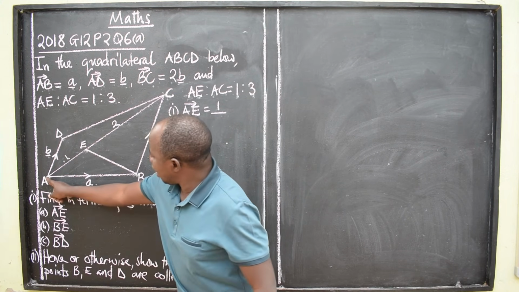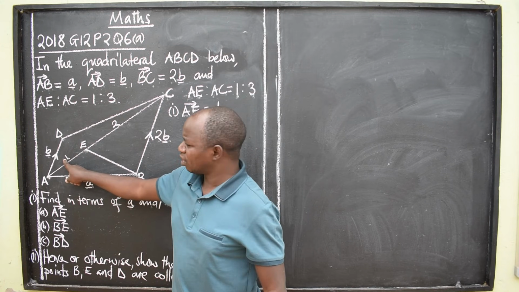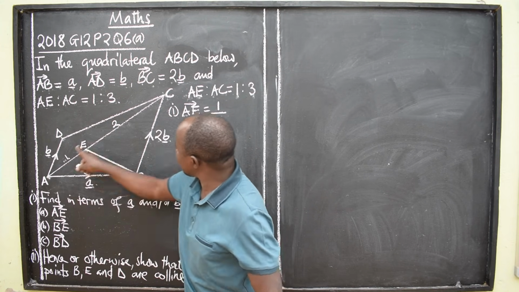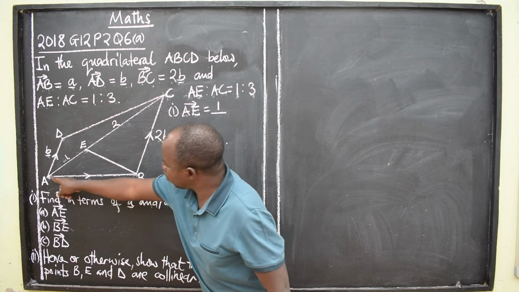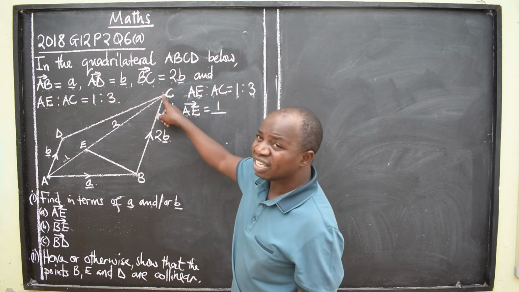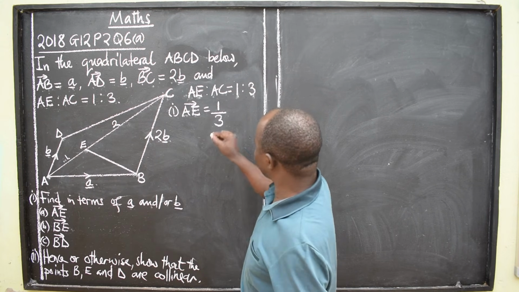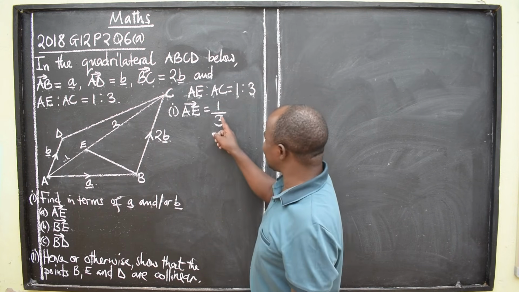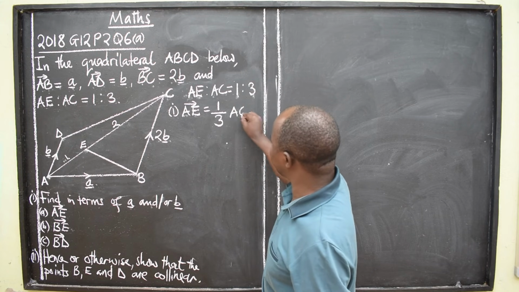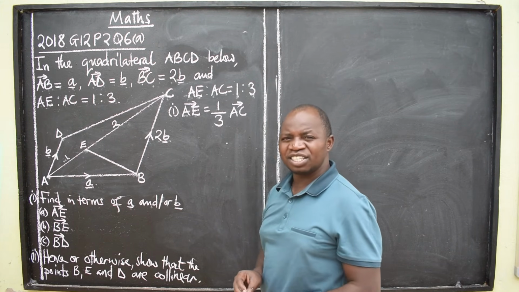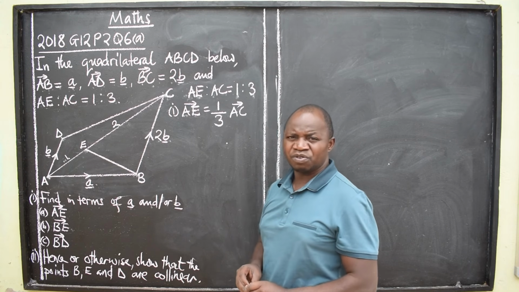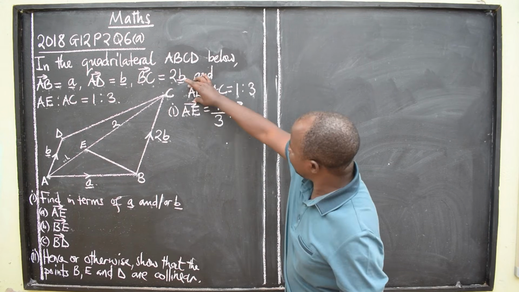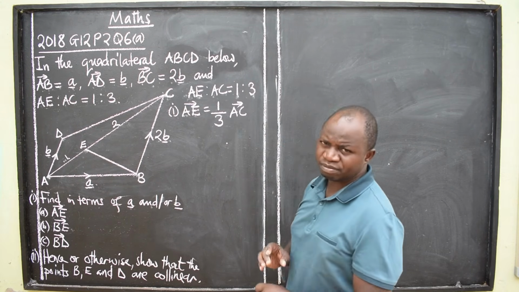AE will take this one out of the total AC. So the total from here to there is what? It is 3. So out of the total 3. And this 3 is vector AC. That is how you change from ratio to vector form.